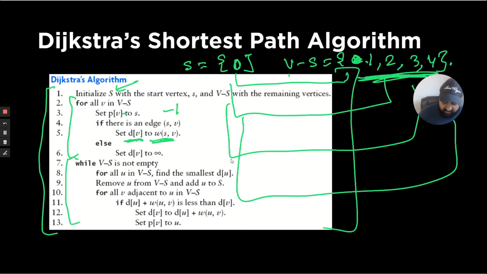Next, they run the algorithm till V minus S is empty. So they remove each vertex from the set V minus S that has the smallest du.